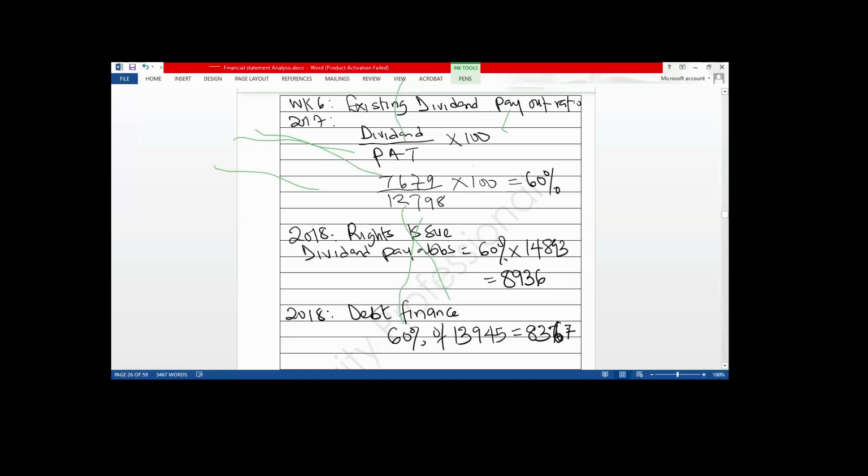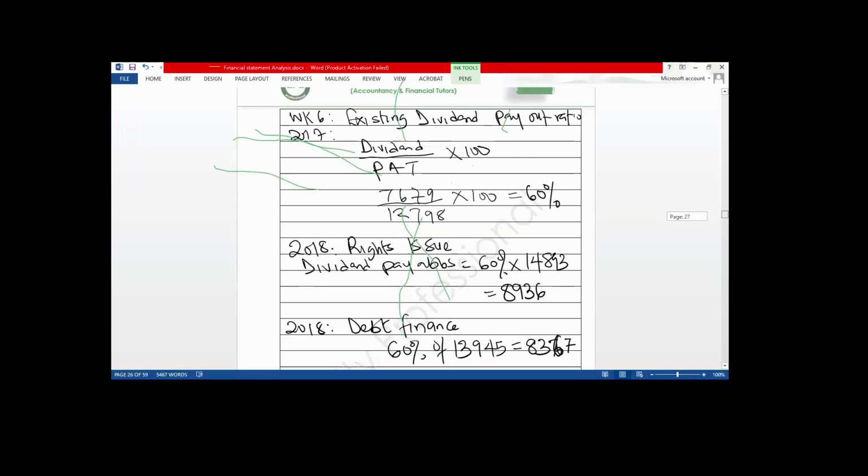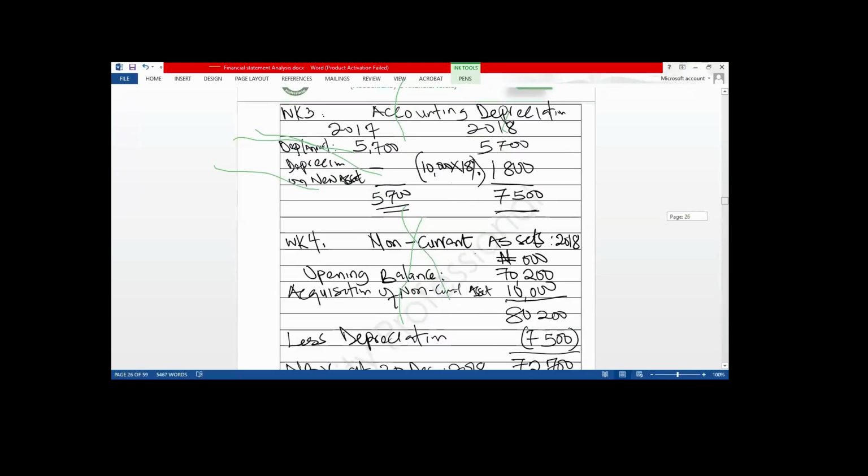You can now go and post. That is the dividend payable: 8,936 and 8,367.